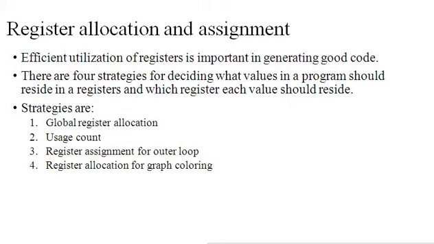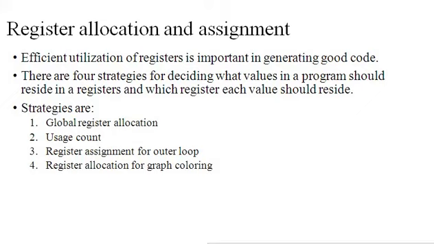The registers not already allocated may be used to hold values local to one block. Like in C language, register allocation is done by using register declarations to keep certain values in registers for the duration of the procedure.